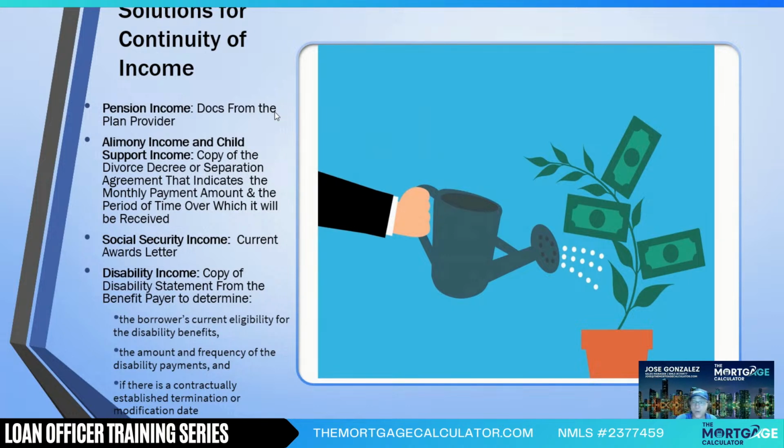Now, when it's short term, we know we got to prove that they're going back to work in the short term. If it's long term, it's a different story, but you still got to determine continuance of the income for at least 3 years if we're looking at long term disability income.